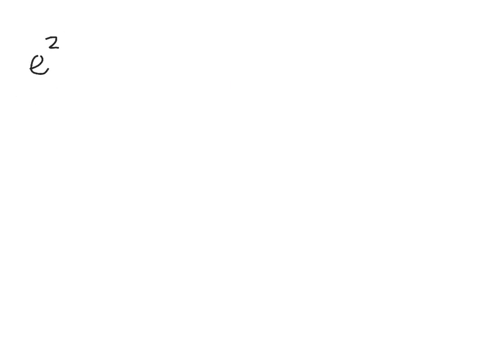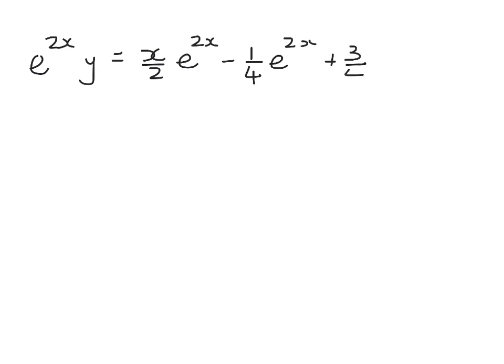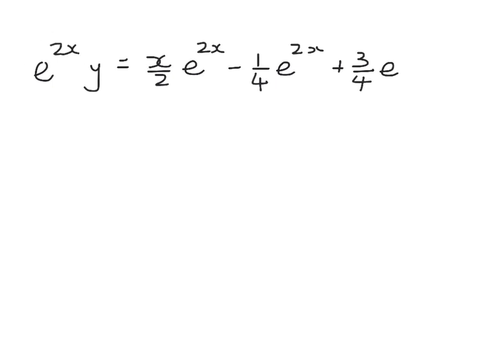So now we have e to the 2xy is equal to x over 2 e to the 2x minus 1/4 e to the 2x plus 3/4 e squared, and we're going to divide all of that through by e to the 2x, which is the same as multiplying by e to the negative 2x, so you could do either of those things.